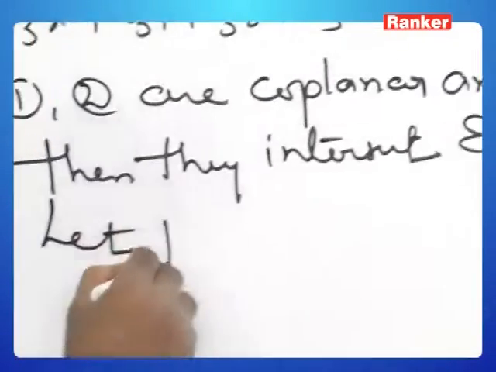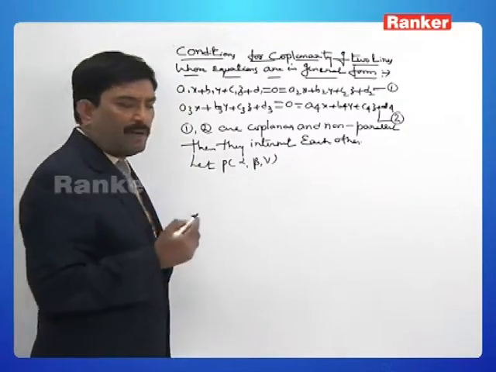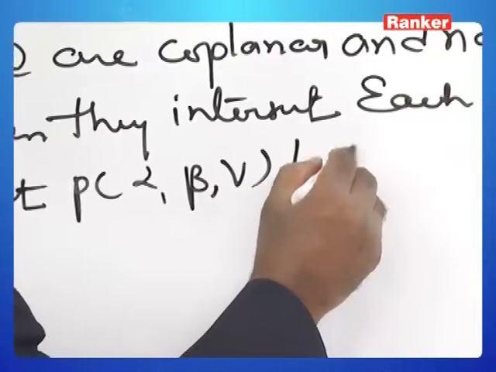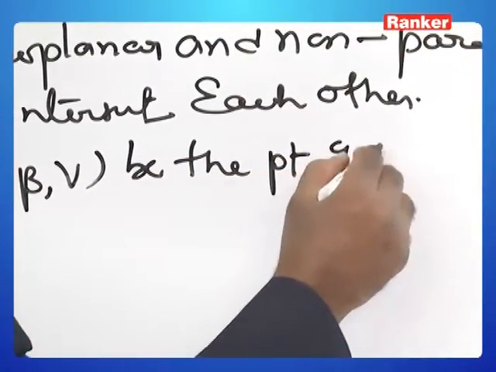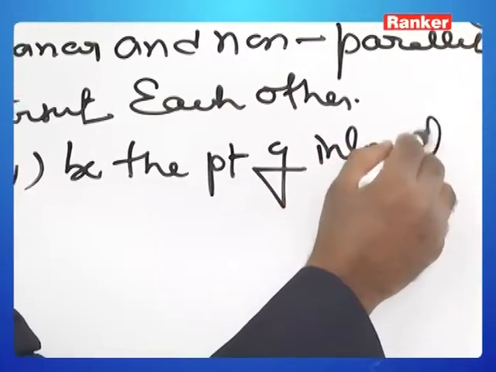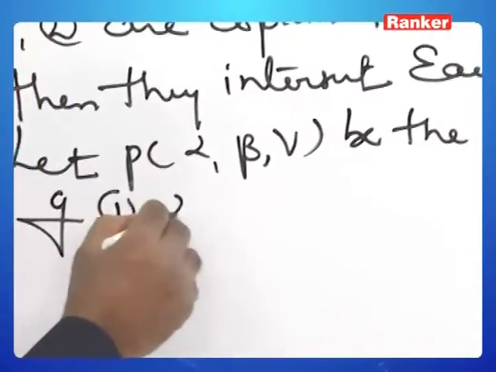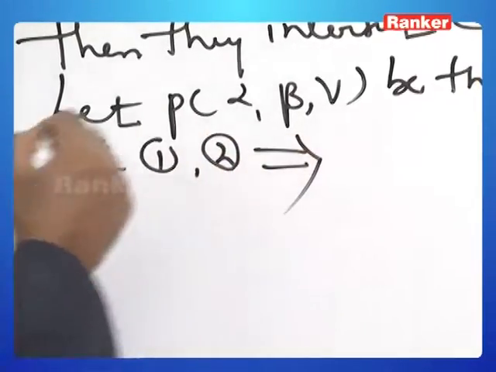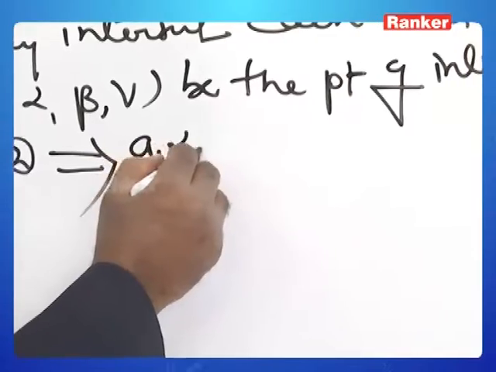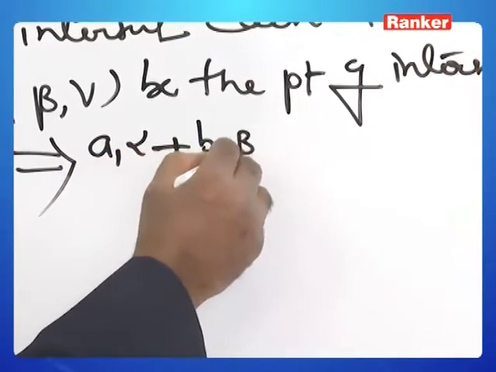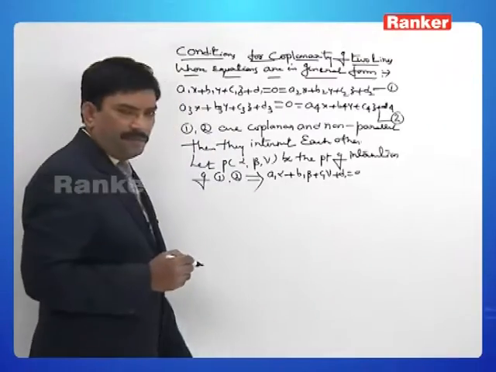Let P(alpha, beta, gamma) be the point of intersection of 1 and 2, which implies I can write A1 alpha + B1 beta + C1 gamma + D1 = 0.